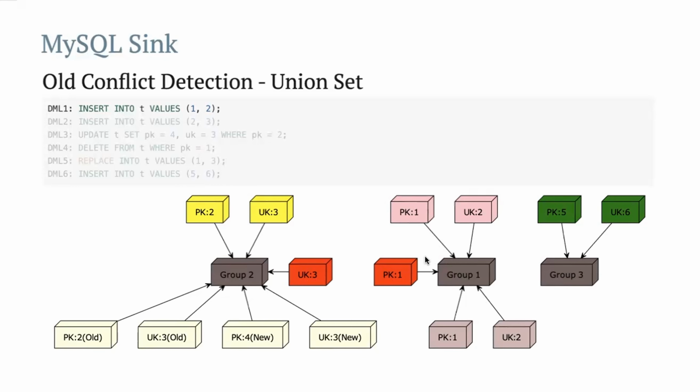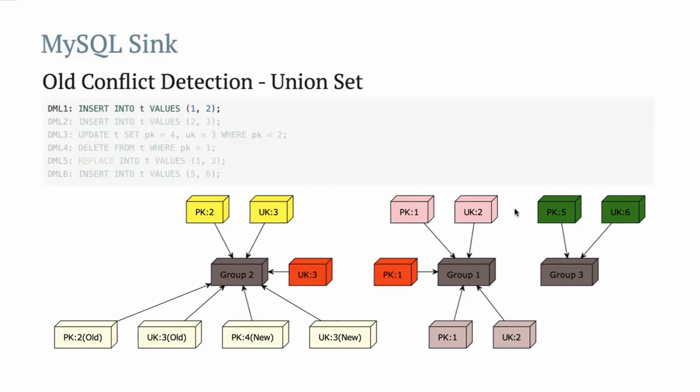If we have a large number of events, we will have to wait a long time before we can write DML5. So this is terrible. We can write DML6 at any time because it doesn't conflict with any other events. But in the older approach, DML5 will cause a stop-the-world problem.